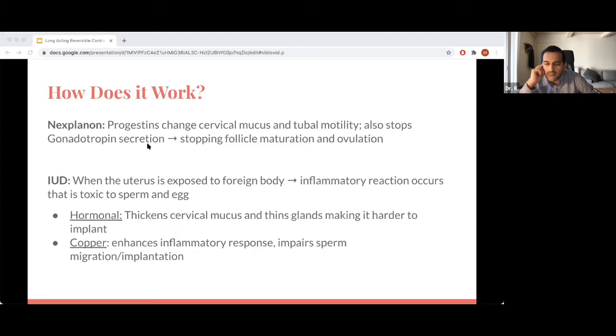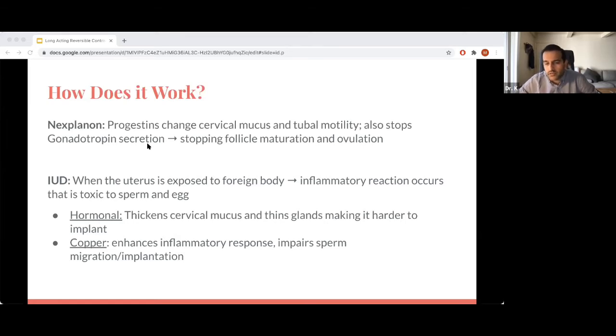Sorry, not IUDs, Nexplanons. In terms of the IUDs though, the IUDs actually don't really affect the ovulatory cycle. What they do is cause changes in cervical mucus that basically stop sperm transport. And there are inflammatory changes that basically kill sperm, and make the uterus itself a non-inhabitable place for implantation to occur.